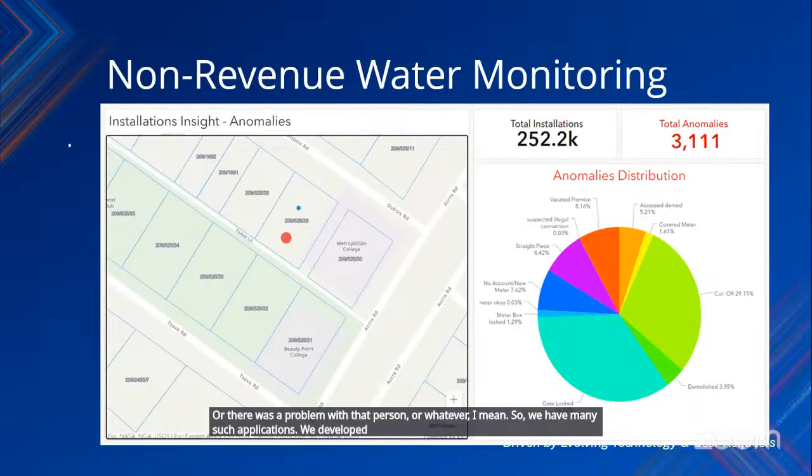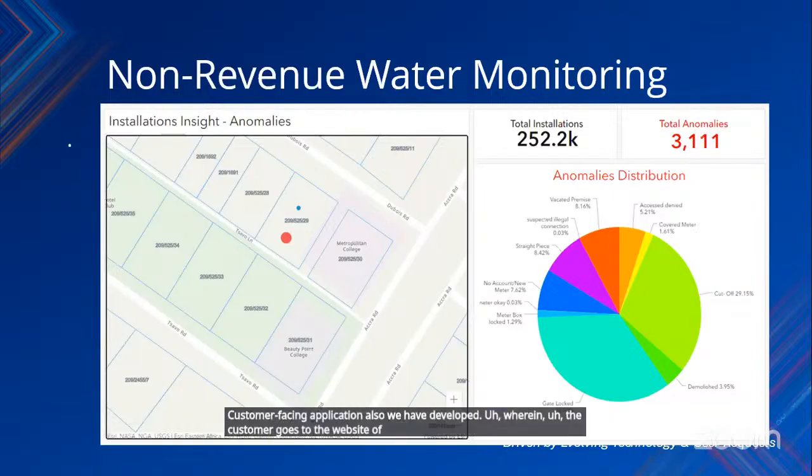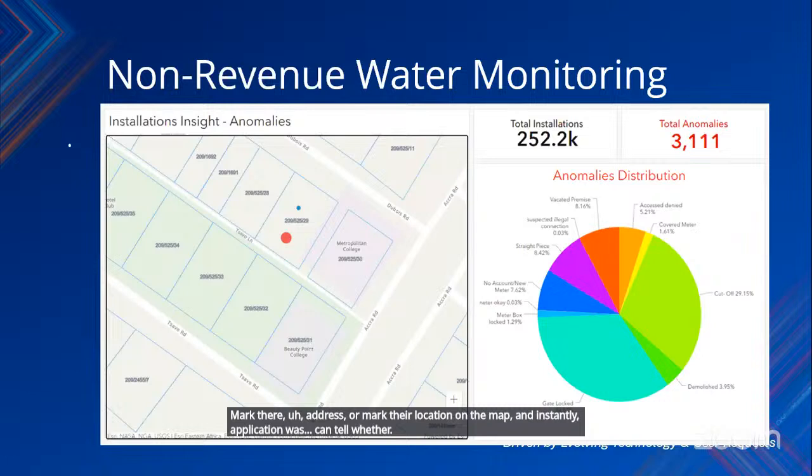There was one customer facing application also that we developed, wherein the customer goes to the website of that utility company. Whenever they want a new connection, they just go to the website, mark their location on the map, and the application instantly tells whether they can be given the connection or not.